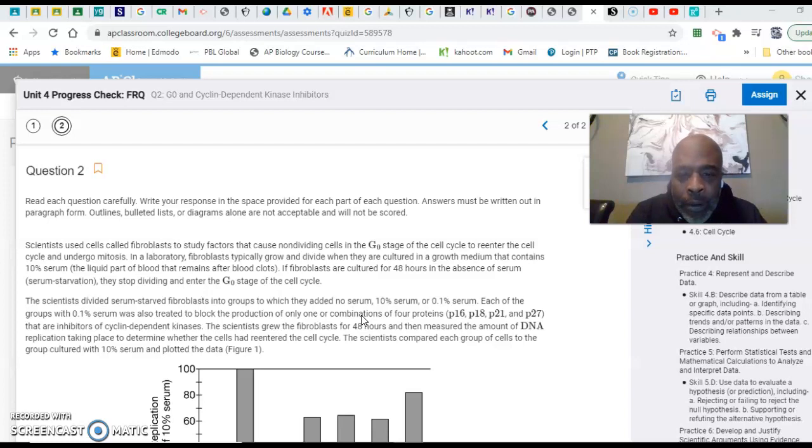So when these four proteins are present, they inhibit the kinases, and then there won't be any DNA replication. That's what they thought.